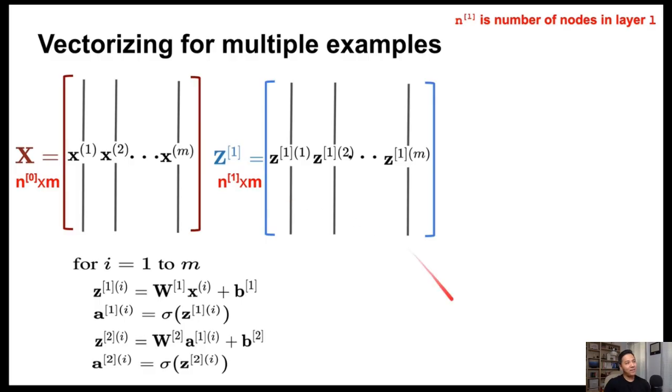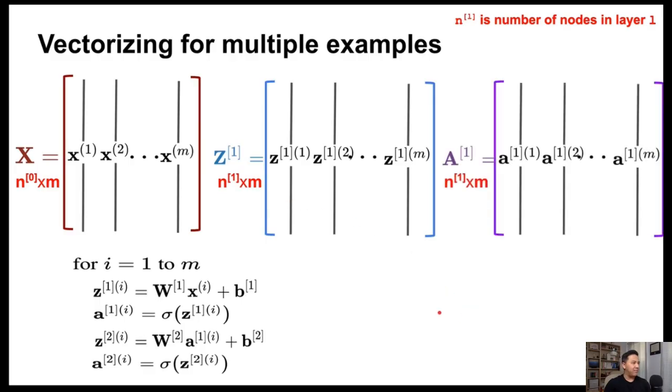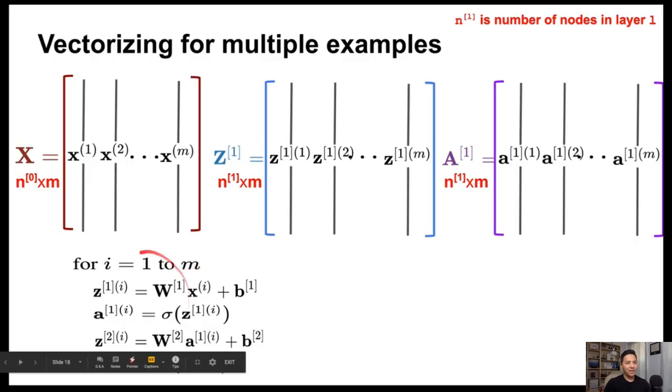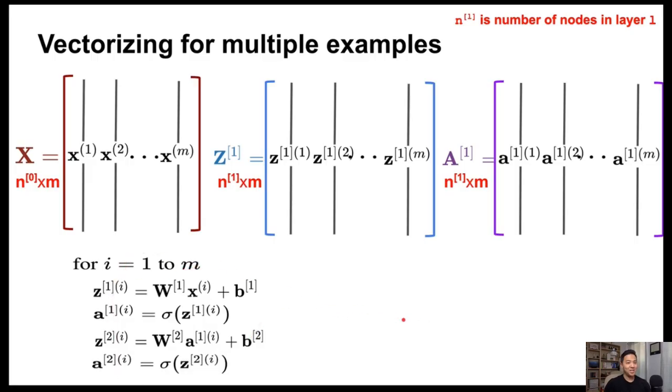The nice thing about having this vectorized is that instead of writing this for loop, we can vectorize it into just a single calculation. Now the Z becomes matrix Z. Well, the W stays the same, matrix W. The X is now input data X, and the B also.